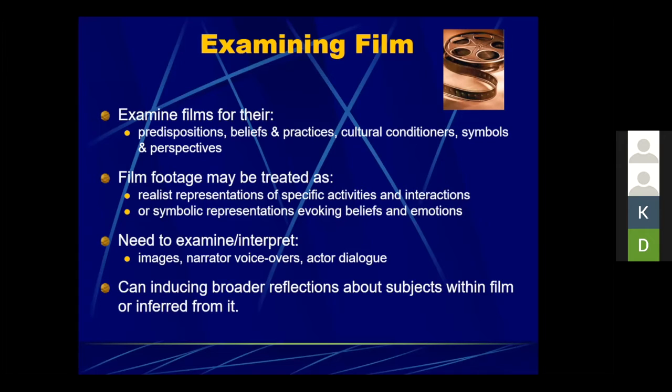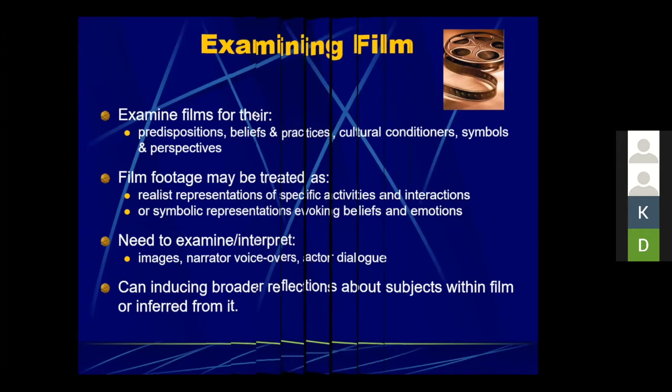Then I'll go back and intentionally listen more carefully to, let's say, the narrator, and overlay the analysis that way. Certainly, just like the photos, you can learn a lot more about much broader subjects than might be deliberately portrayed in the film itself.